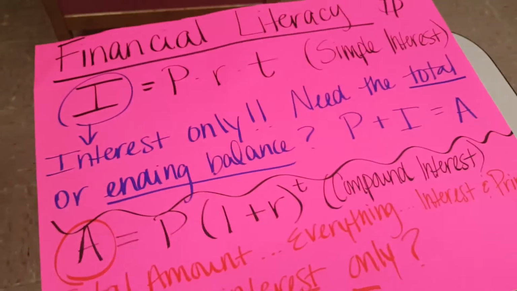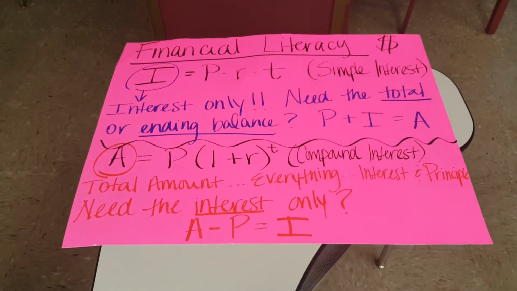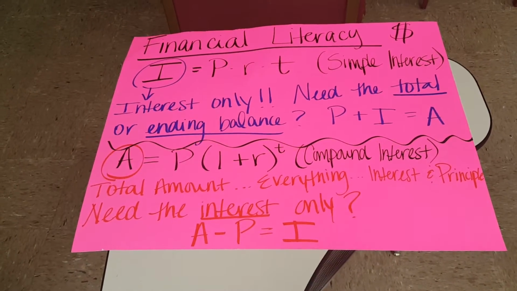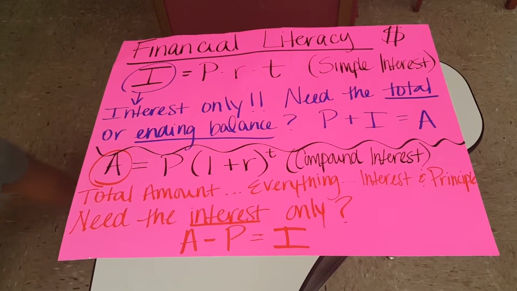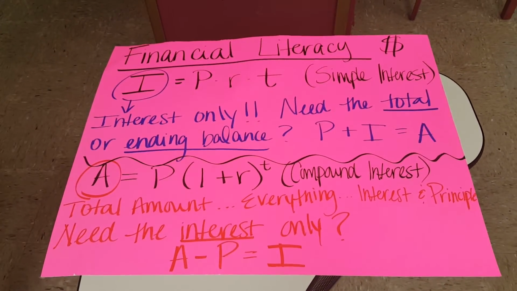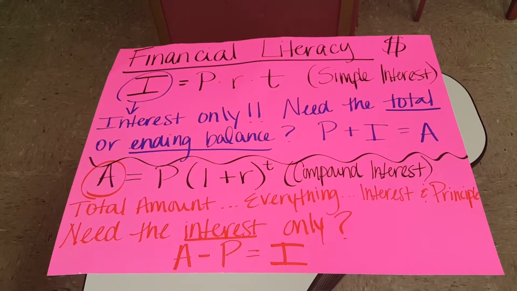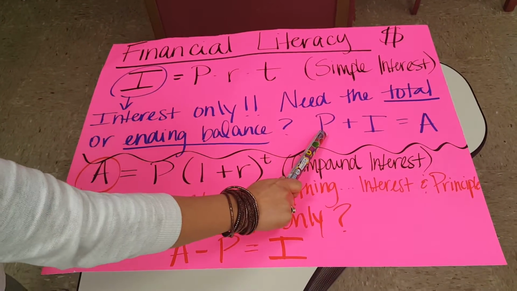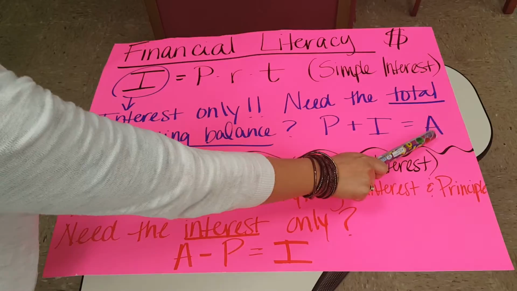All right. And the last thing in category 4 is financial literacy. We are looking at simple and compound interest, and make sure that you know that simple interest finds the interest only. If I want to know the total, I've got to add my principal back to my interest, and that will give me my ending balance.